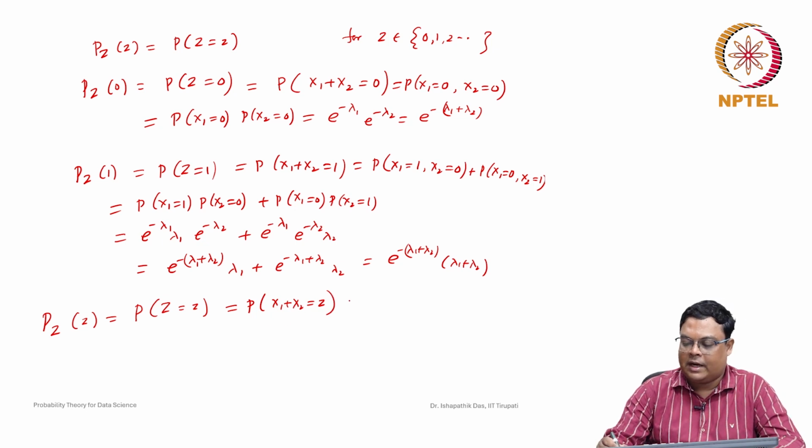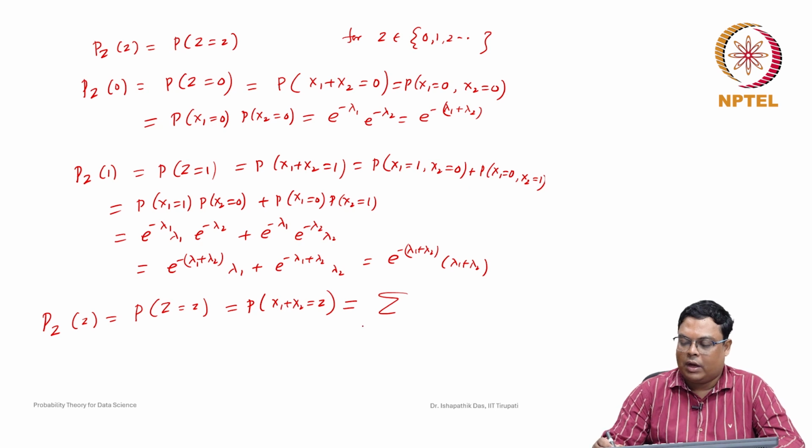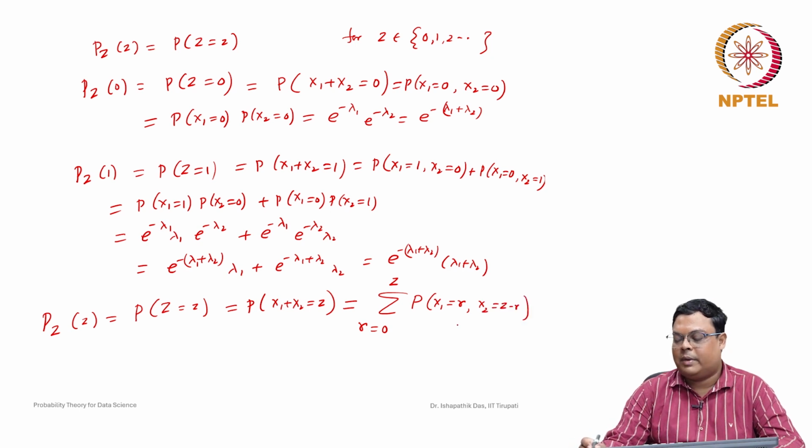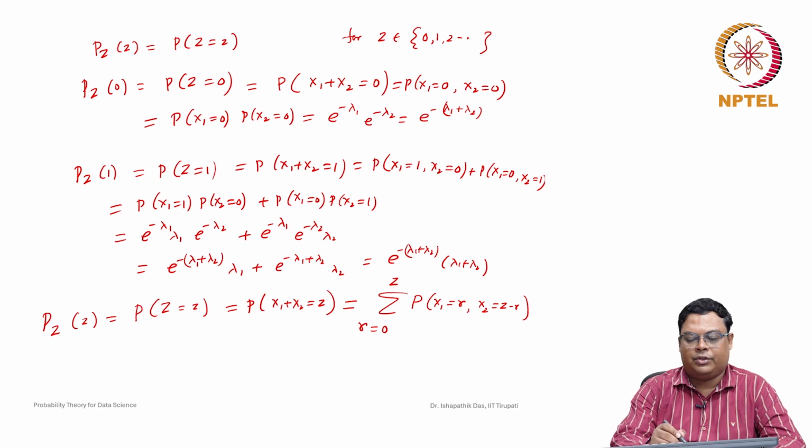Now how can we find that? It will be a summation like this. Some r can be 0 to any value z, such that the probability that x1 will be some r, and then x2 can be the remaining part, z minus r. You can check that for any other value, 0, 1 or 2, any value, it is actually coming.